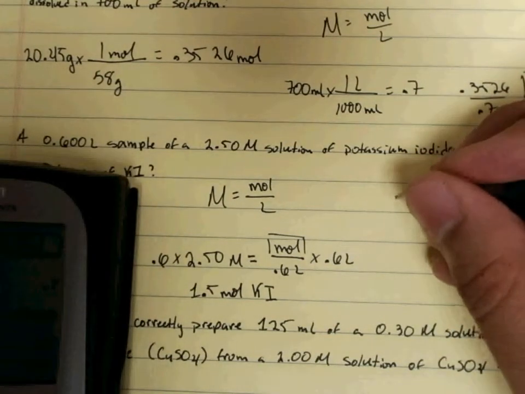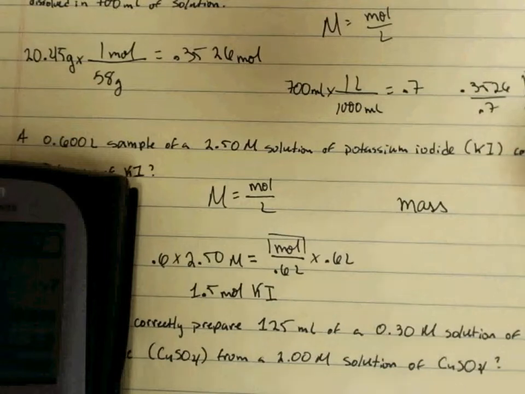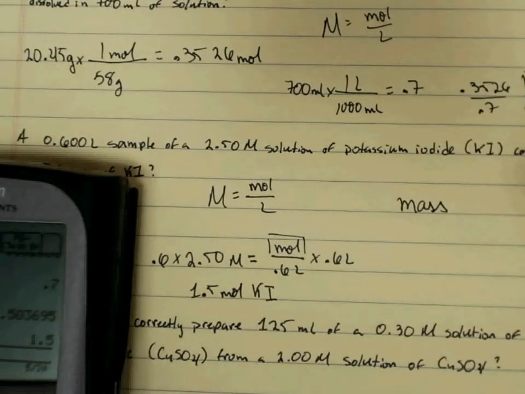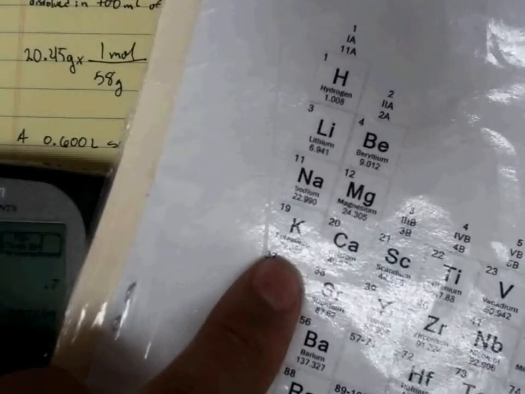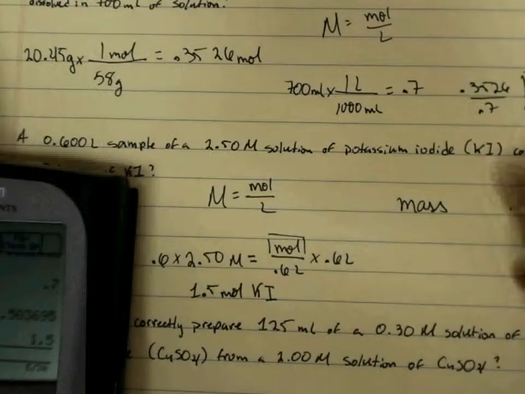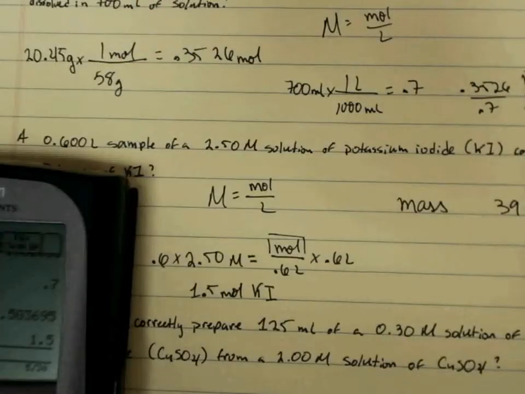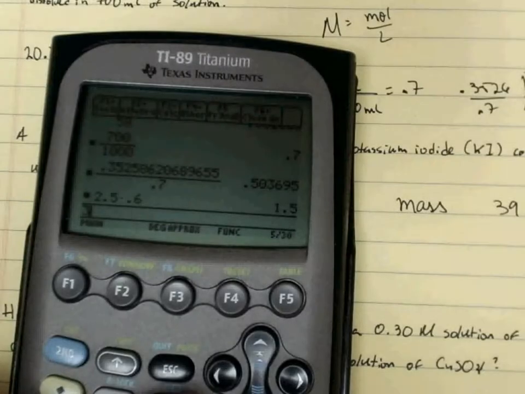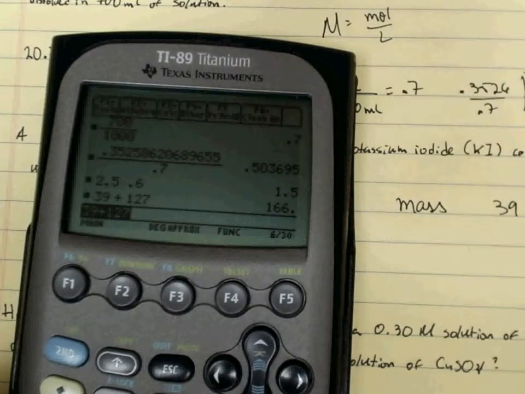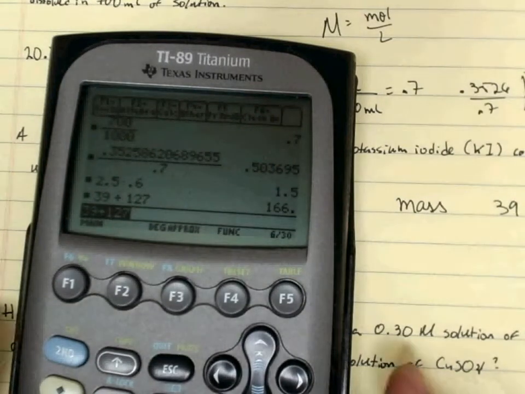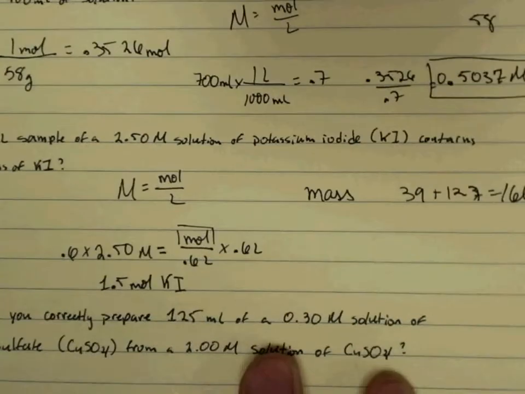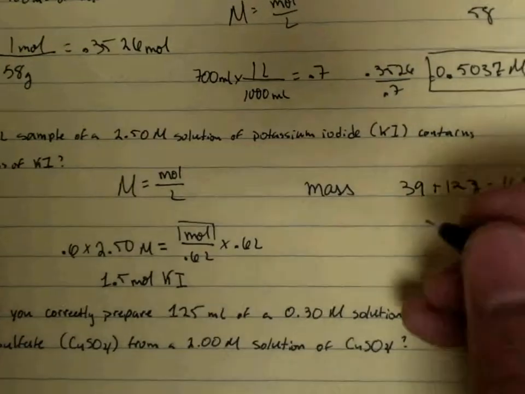But I need to find mass. So I need to look at my periodic table and find out what the mass of potassium iodide is. Potassium is 39. I look at iodine, and iodine is 127. So I have 39 plus 127. That equals 166 grams per mole.